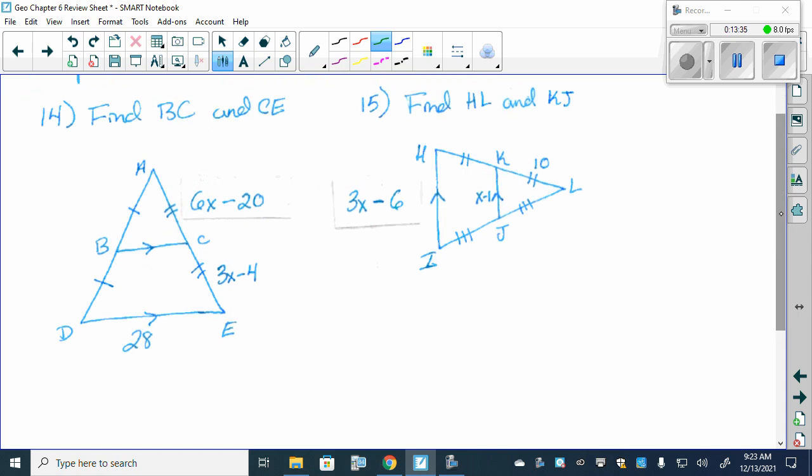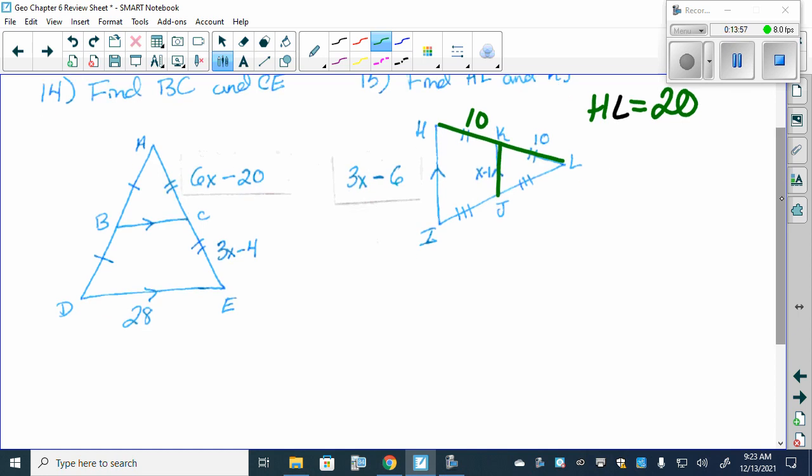Find HL and KJ. Well, HK is going to be 10 because those two segments are congruent since K is the midpoint. So HL is 10 plus 10, which is 20.